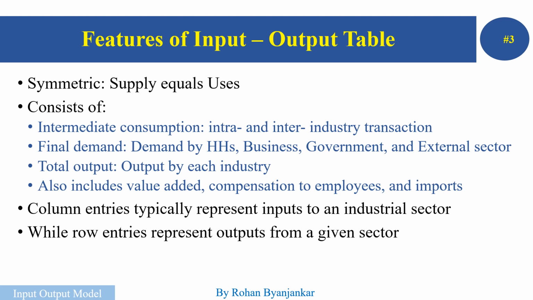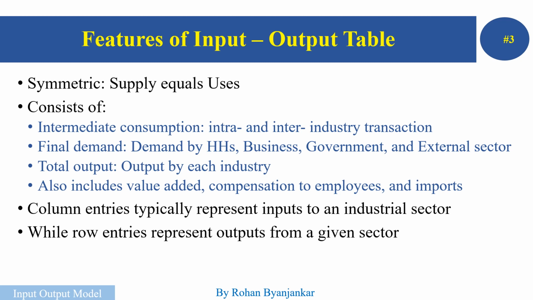As I have already said, the Nepalese economy can be divided into 15 sectors, and if we incorporate the transactions between these sectors, it is called intermediate consumption. And the final demand is the final demand by household, business, government, and external sectors.